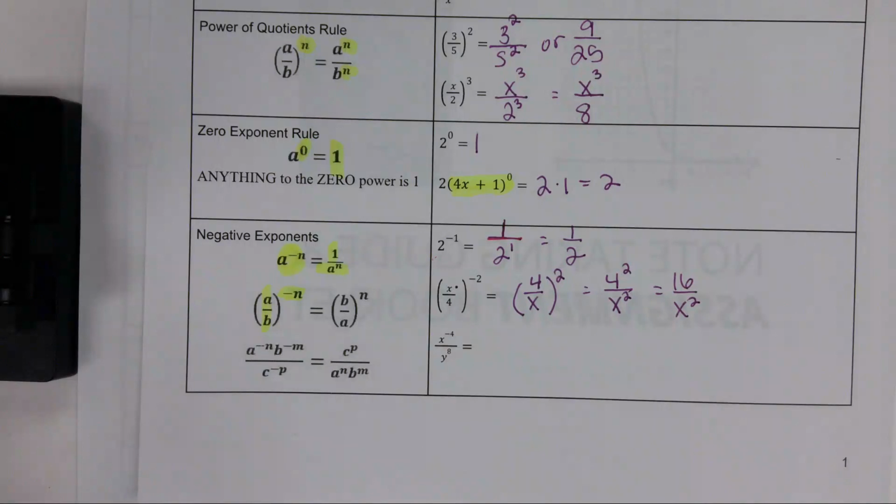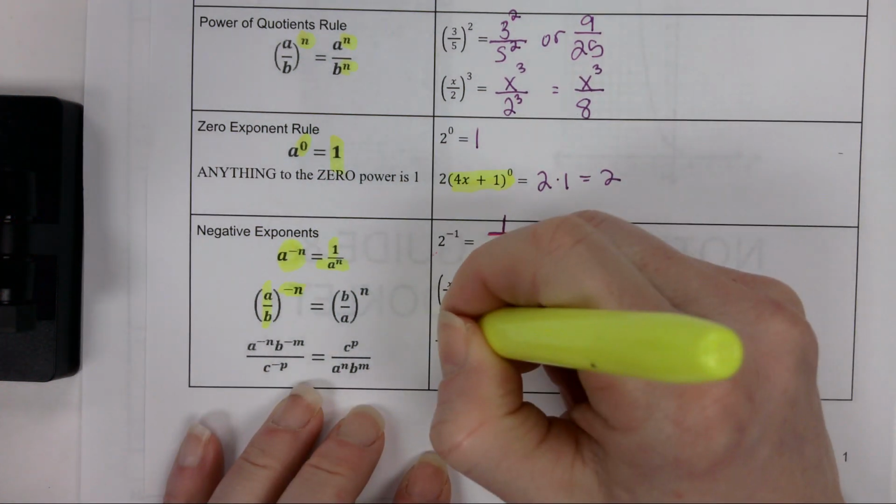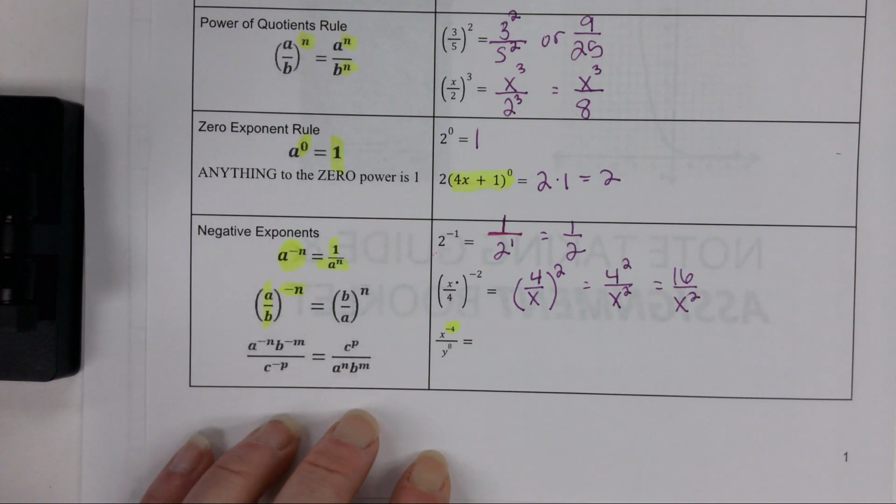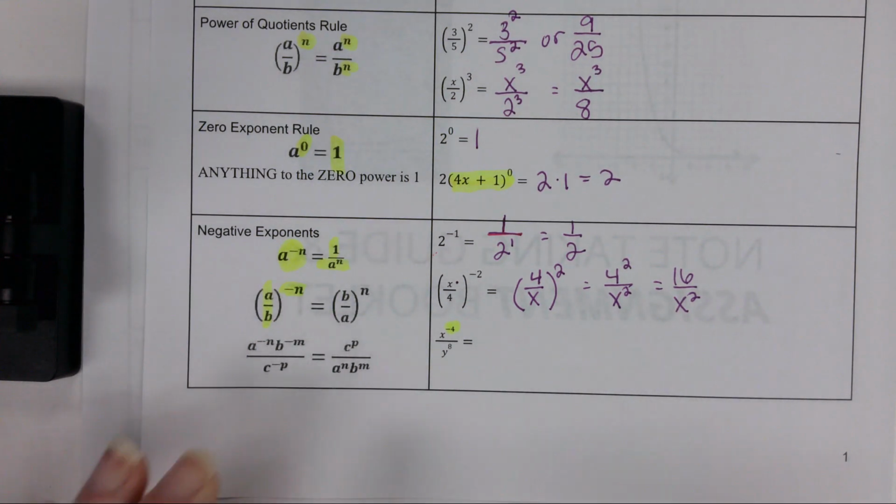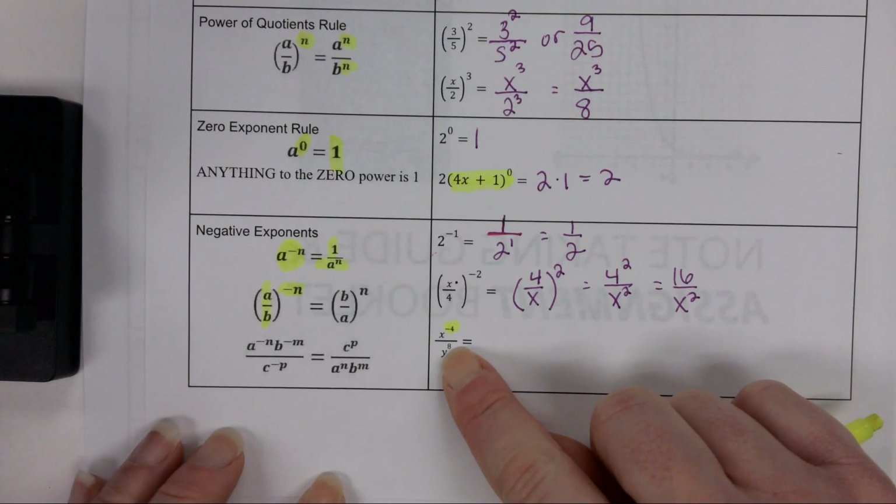Okay, this seems complicated. Sometimes when you have really big expressions, just do one little piece at a time. Remember that negative exponent moves things from bottoms to top and vice versa. So do you see how I have x to the negative 4th? That's going to move that x to the bottom. On the bottom I have y to the 8th. It's not negative, right?